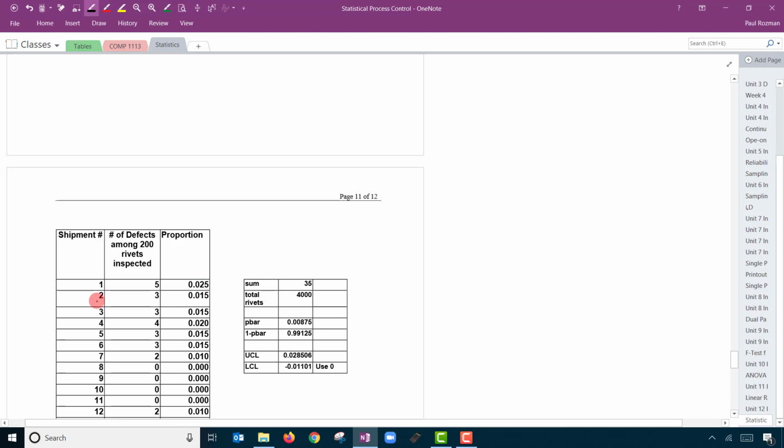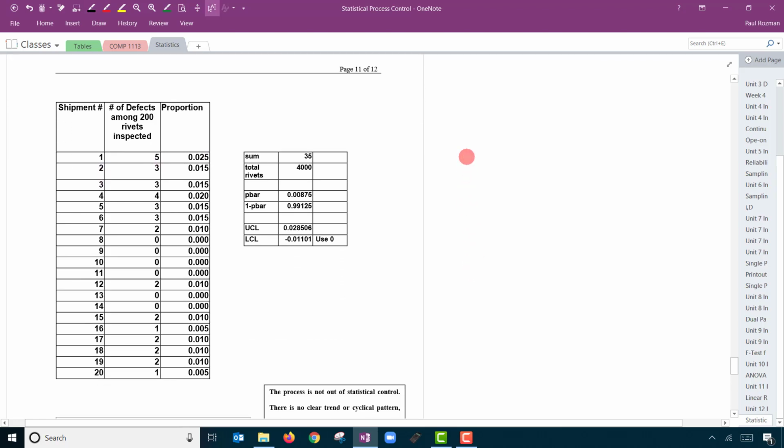Shipment number 2 had 3 defective rivets, and we just keep going. Shipment number 20 only had 1 defective, and we can calculate these proportions. Rather than calculating P bar by taking the mean of these, we'll just add up all the defectives and divide by the total.